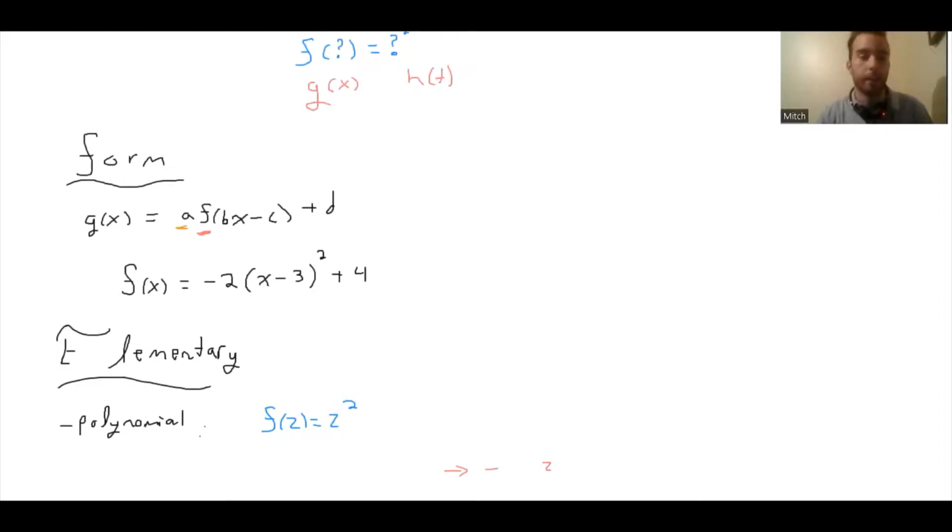We can have another one, g of t is t to the 5, and it's really just recognizing that these functions are just that thing being raised to some power.